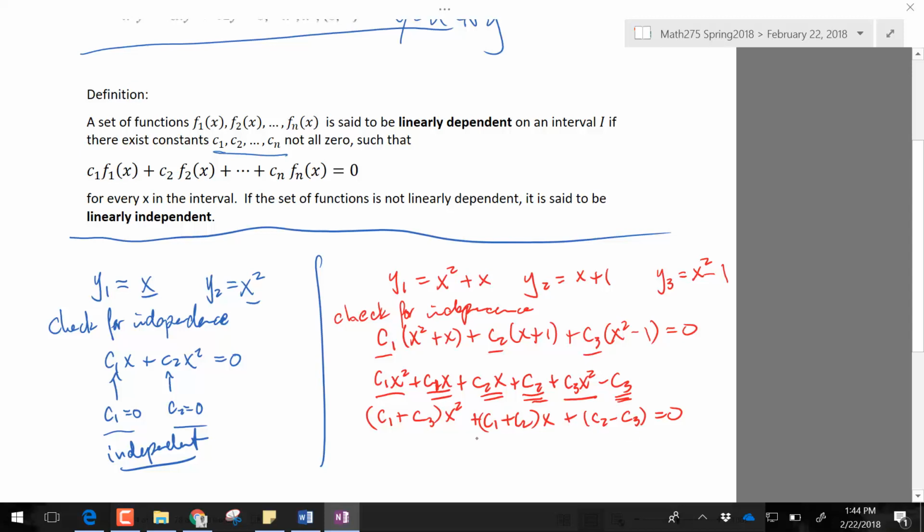So these all have to be equal to 0: c1 plus c3 equals 0, c1 plus c2 equals 0, c2 minus c3 equals 0. And just do some linear algebra.